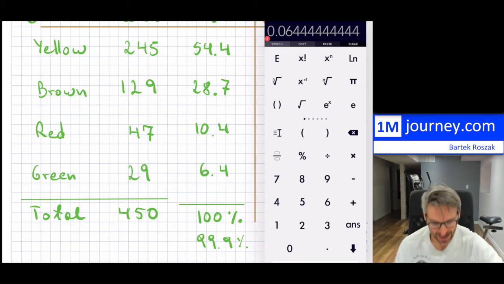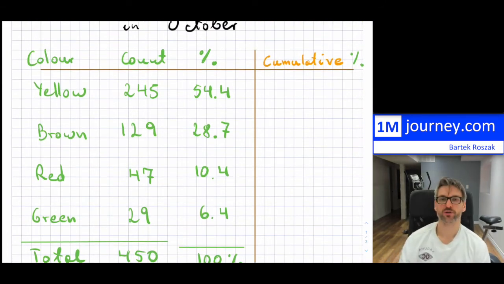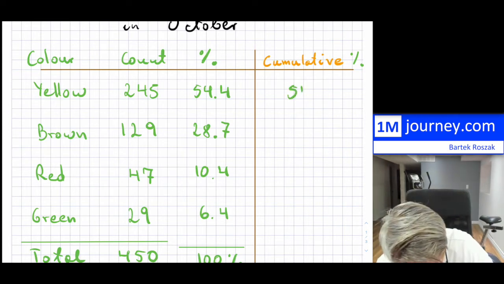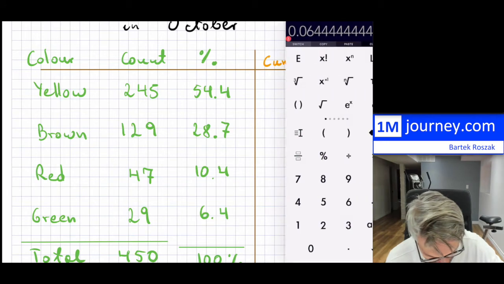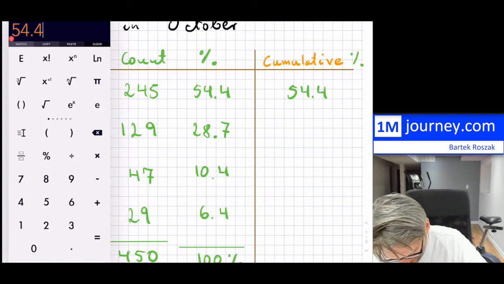Now the next step in our little chart is to have the cumulative values. We want to add up all of these cumulatively. So I have 54.4, and I'm going to be adding these up.